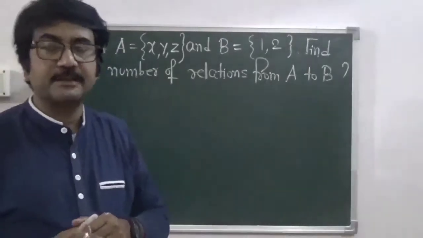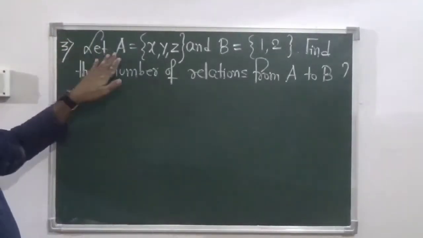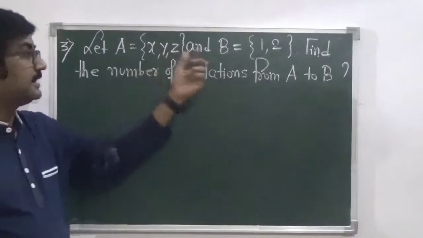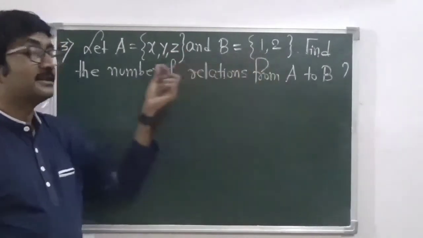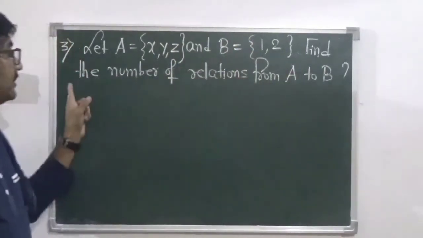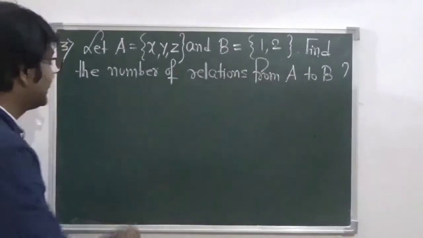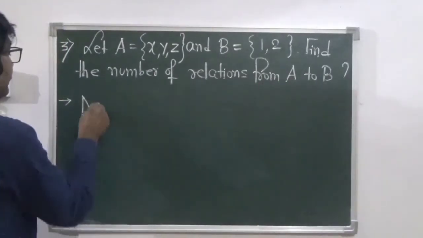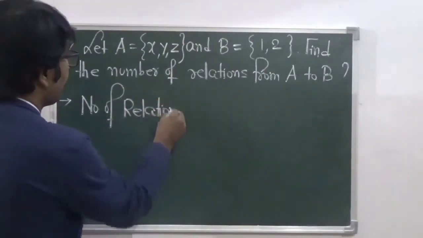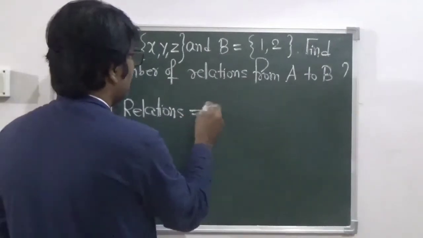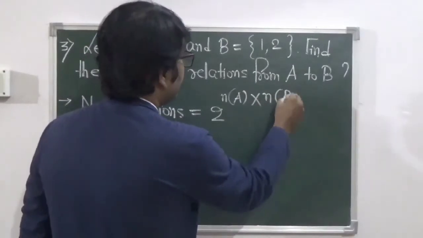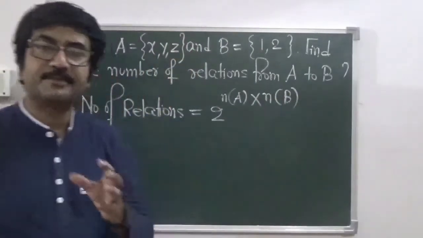Moving on to a similar question. We have question number 3: let A equal x, y, z and B equal 1, 2. That means set A has 3 elements and set B has 2 elements, that is, the cardinal number of set A is 3 and the cardinal number of set B is 2. Find the number of relations from A to B. As we have done just now, the number of relations is given by 2 power the cardinal number of set A multiplied by the cardinal number of set B. Cardinal number is the number of elements present in the set.